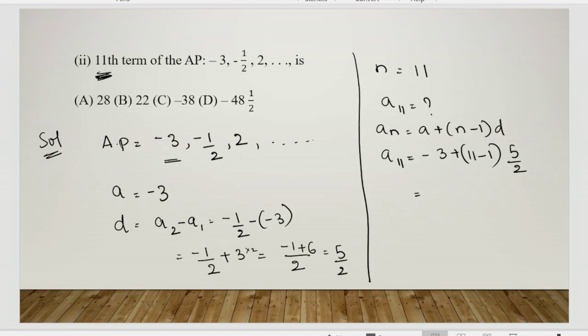This will be minus 3 plus 10 into 5 by 2. 2 ones, 2 fives, so minus 3 plus 25. So A11 will be 25 minus 3, which is 22. So the option is B. Clear?